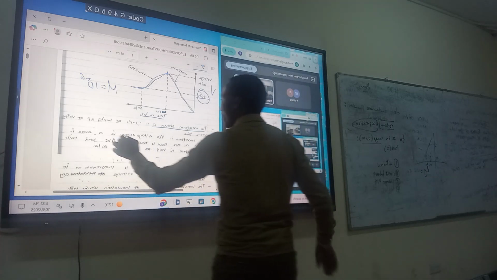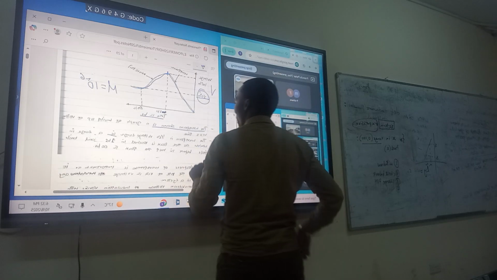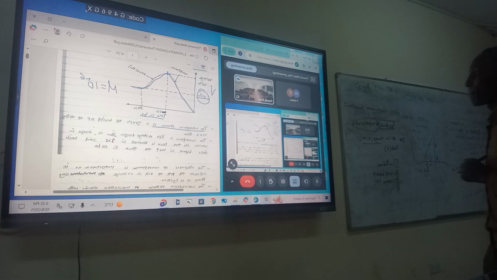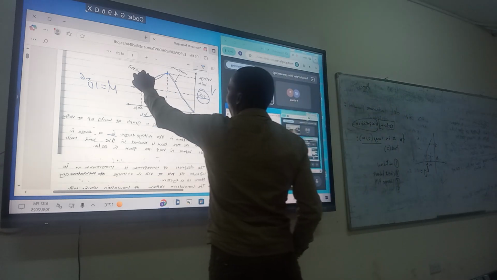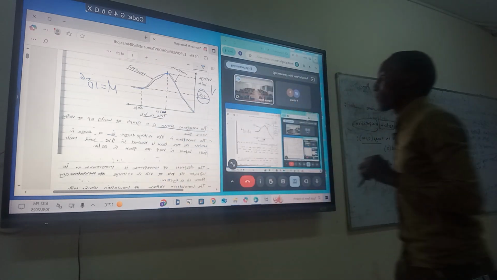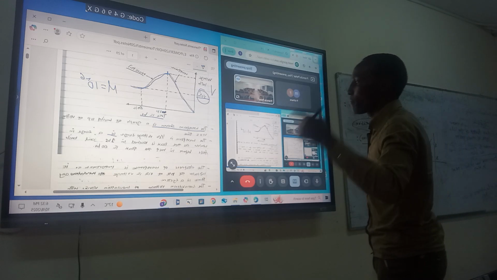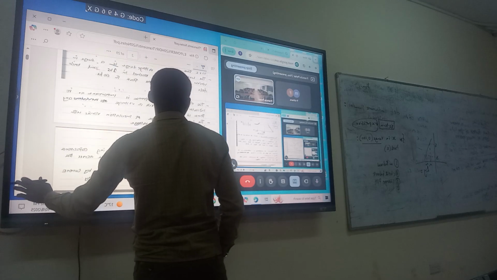That is a surge in which the peak is reached in 1 microsecond, and the tail, as you can see where we have the wave tail, falls to half the peak in 50 microseconds.